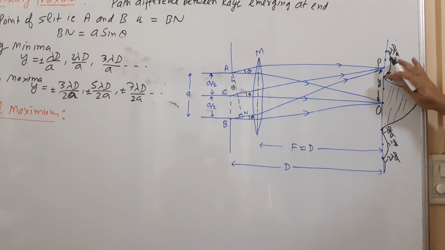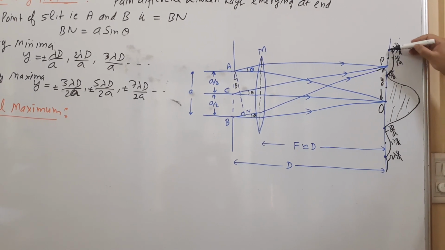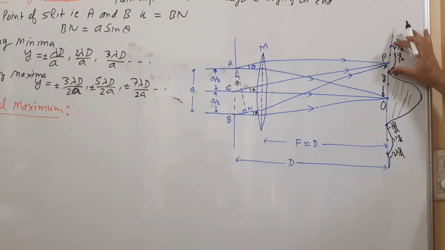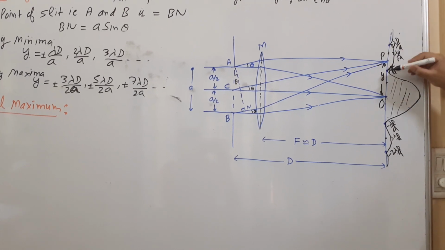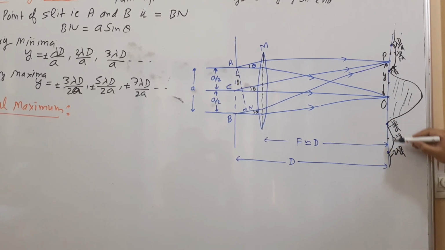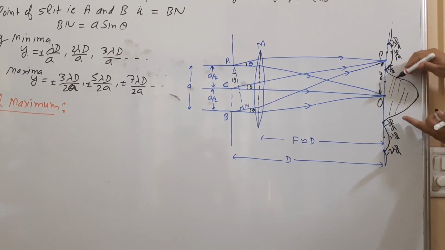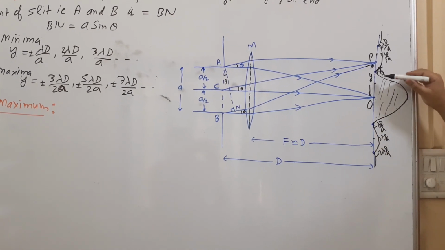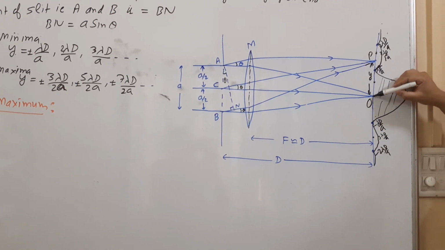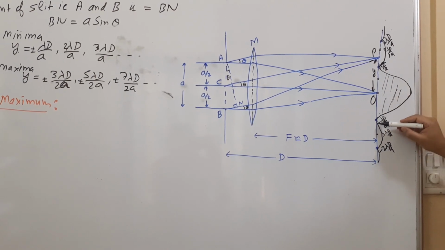So what will be the width of the central maxima? Here you will see the widths of these are lambda d upon a each. But for the central maxima, this is lambda d upon a upward and lambda d upon a downward.